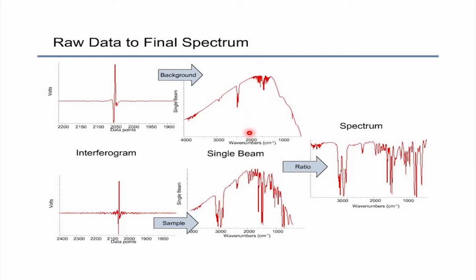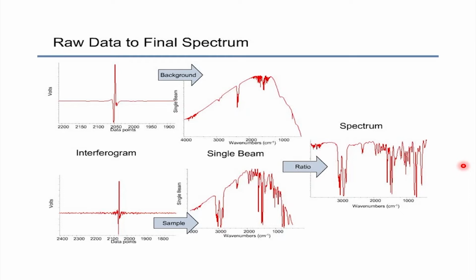Once you take the background, the next time you record a spectrum, the instrument will take a ratio with the background and give you the final spectrum, so that whatever peaks were present in the background are removed and you get the spectrum only from your sample. Now let us see what a background is. A background means anything other than your sample which is in the beam path.